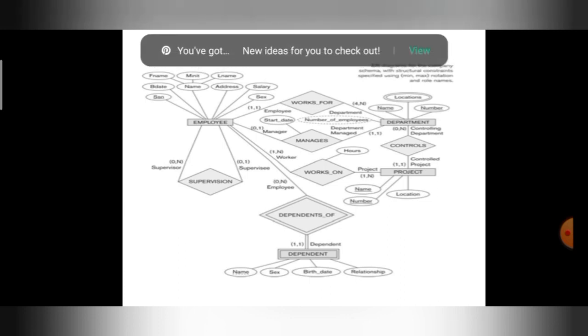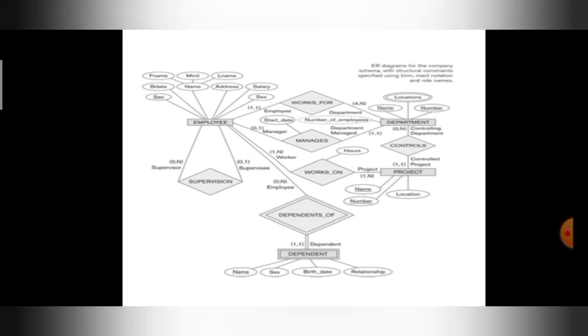How can it be a weak entity? If you remove the employee entity, this dependent or relative entity is also removed. You can see there. If you remove employee, the dependent will also be removed. That's why it is a weak entity. It is dependent on the employee. Dependent entities depend on the employee.